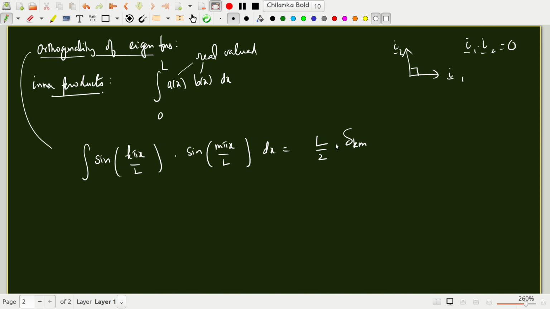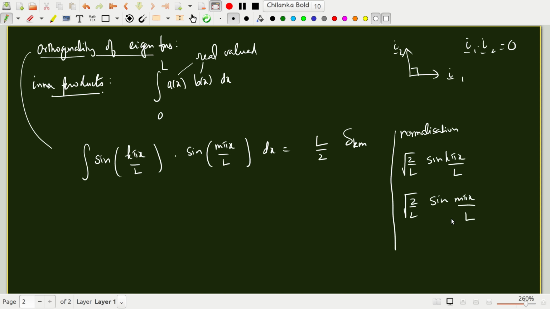Okay, so this L by 2 can be made 1 by simply redefining our sine functions. That is called normalizing the eigenfunctions. We can say the eigenfunctions are root 2 over L sine k pi x by L and root 2 over L sine m pi x by L. Okay, and sorry, root L over 2, root L over 2.